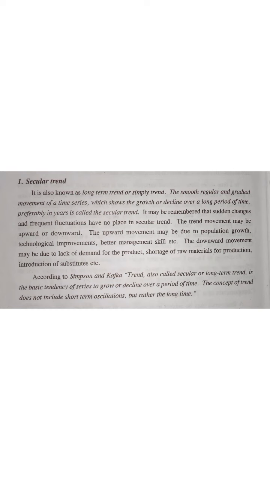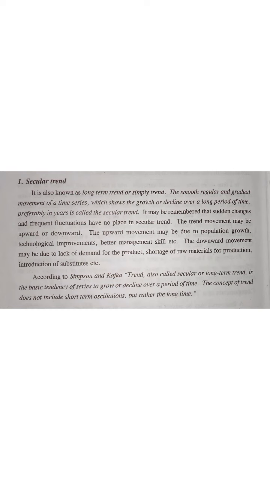If you draw a graph for the difference between 3 months, you can understand whether there is a growth in the number of patients or a lesser impact of corona. So this growth or decline we can understand with the help of secular trend. We are going to understand the trend, whether it is going upward or downward. So the trend movement may be upward or downward.